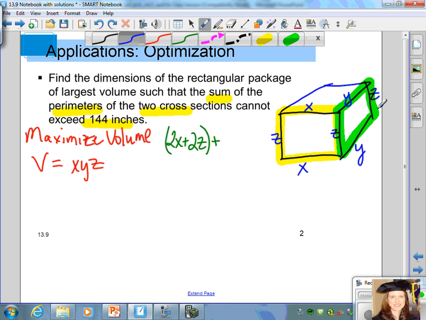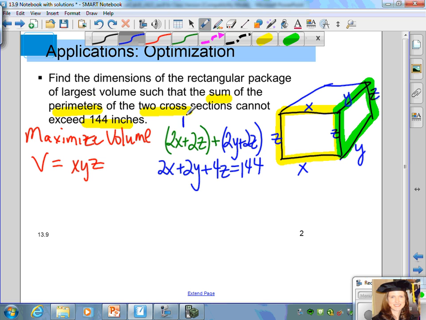So the perimeter of that cross section would be y plus z plus y plus z, or 2y plus 2z. That's the sum of the perimeters. If you combine like terms, you can write this as 2x plus 2y plus 4z. We want that to equal 144.